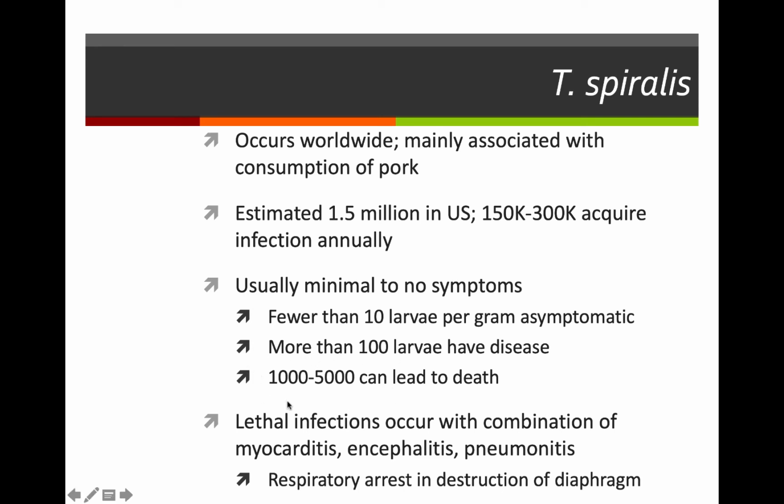If you have more than 1,000 larvae per gram of tissue, that can lead to death of the host. So lethal infections will occur with a combination of myocarditis, encephalitis, pneumonitis. If they get into the diaphragm and you start to have disease symptoms, that can definitely lead to death. So the heart or the diaphragm are really dangerous muscles for these to encyst in.